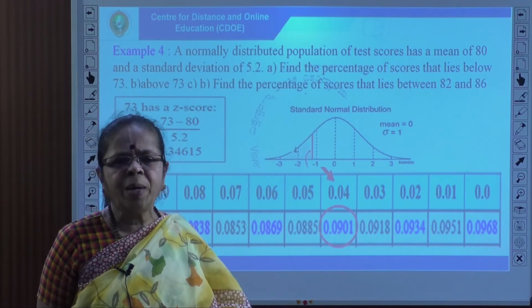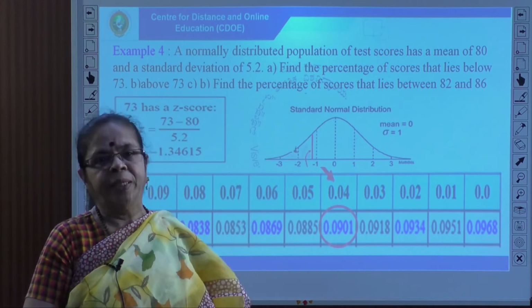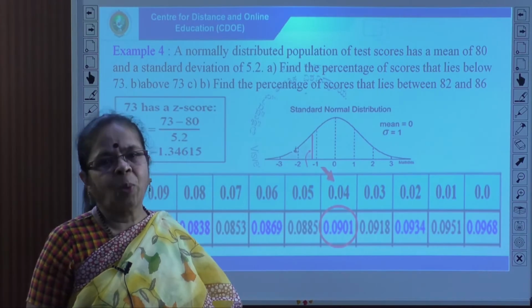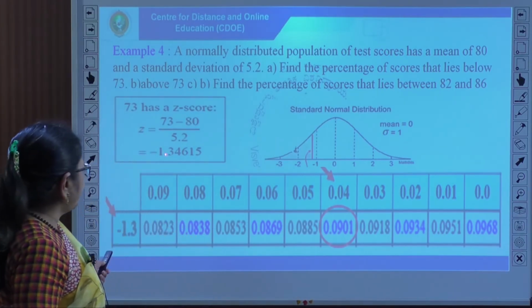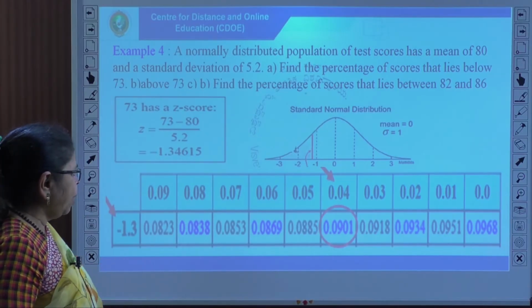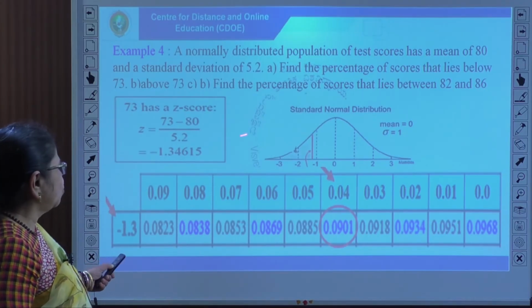I have not said how many people and all that. So, you take it as a unit, one unit. So, n is 1. So, minus 1.34615. Now, in the Z table, I need 1.34, I can't go beyond two digits.